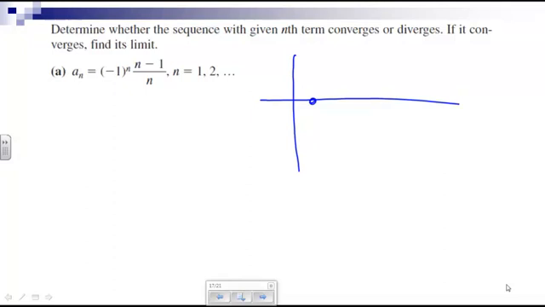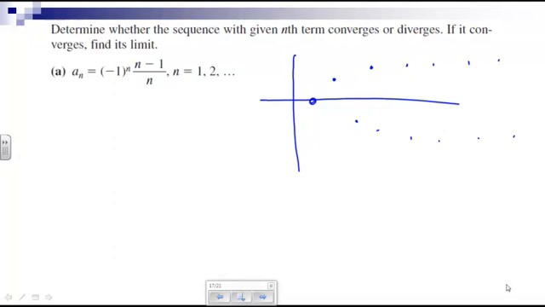And then when n is 2, it looks like it's going to be something like positive 1, and then negative 1. I think we get something like that when we graph that out. It alternates back and forth. And as n gets really big, we're either going to have something that looks like positive 1 or negative 1.